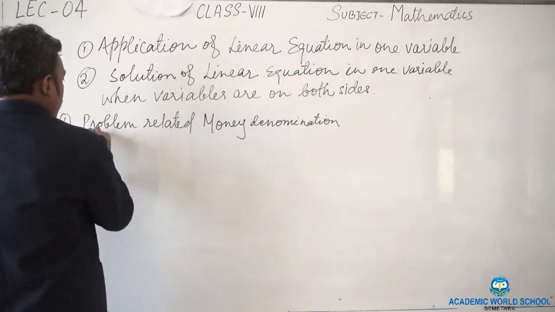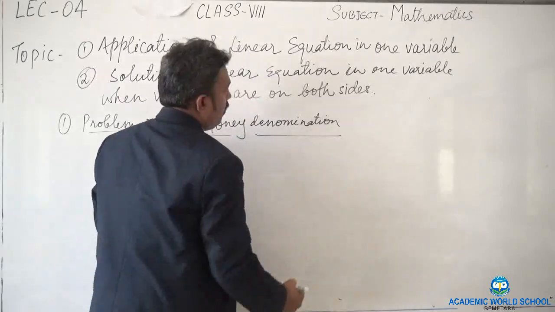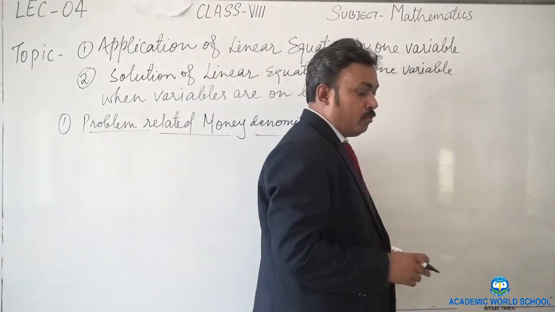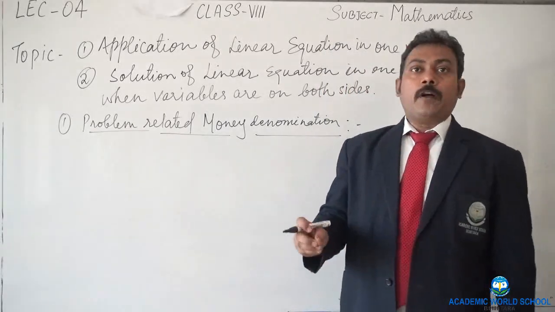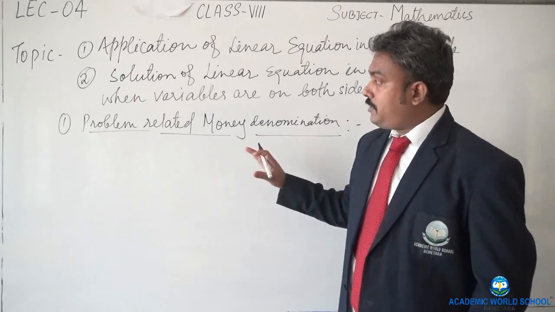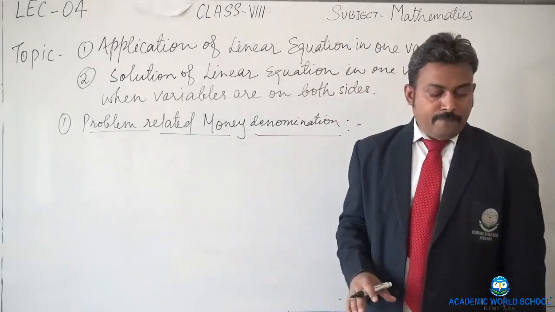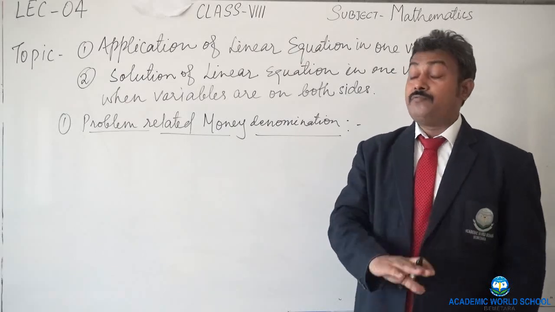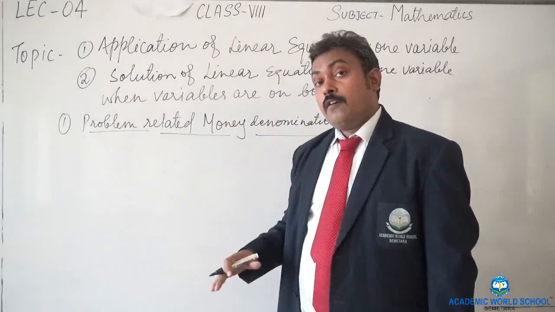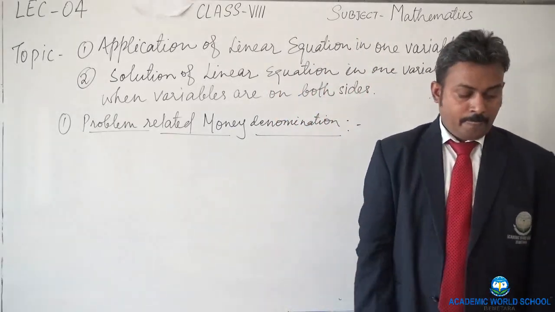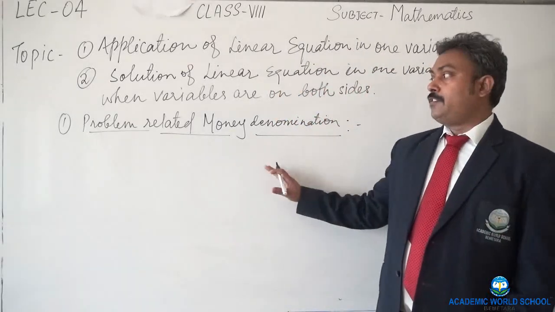Now, here also, as I have told, to do any word problem, you have to follow certain steps. The same steps which we had discussed for all other three types of problems. So let's see an example for this.